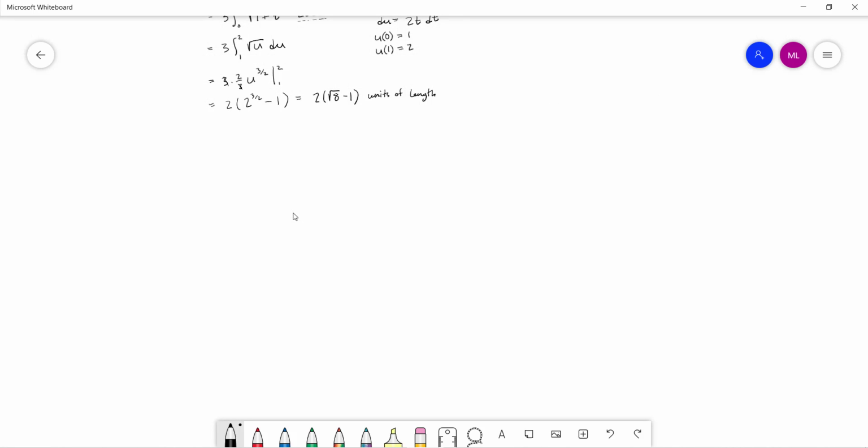Okay, so that's how we can find an arc length. Let's do a surface area, I guess.